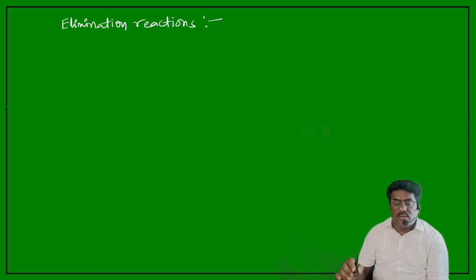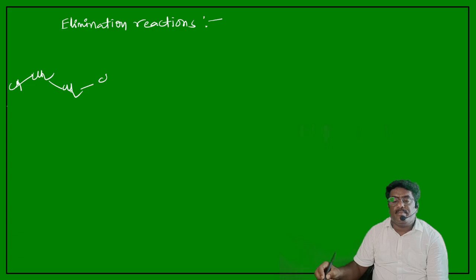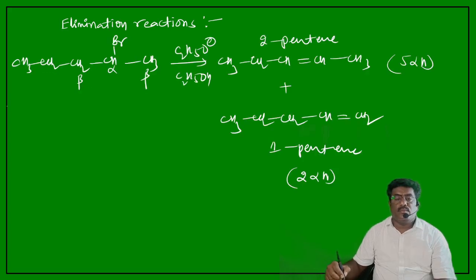I will look at one more example. CH3CH2CH2CHBrCH3.